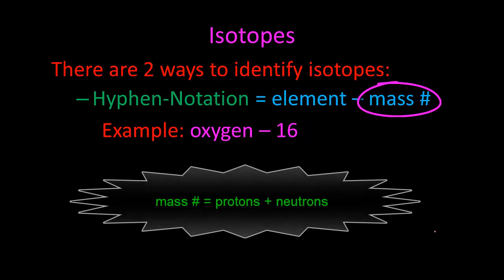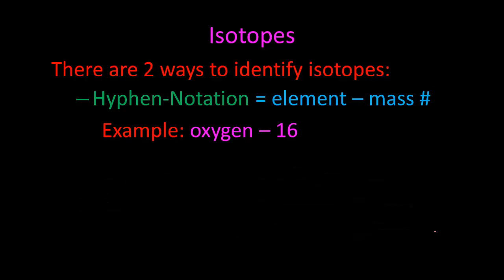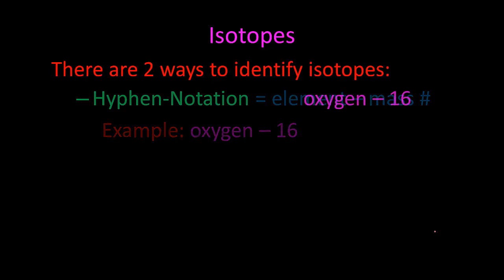Now, remember, mass number is the number of protons plus the number of neutrons. So if we're talking about oxygen, that has an atomic number of 8 and a neutron number of 8, the name of it would be oxygen-16, because 8 plus 8 is 16, and that is one isotope of oxygen.